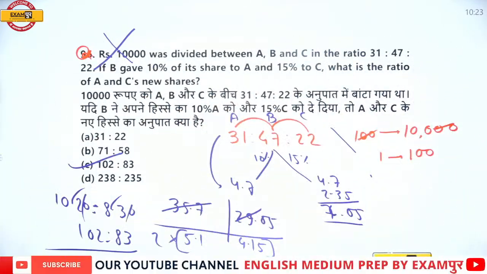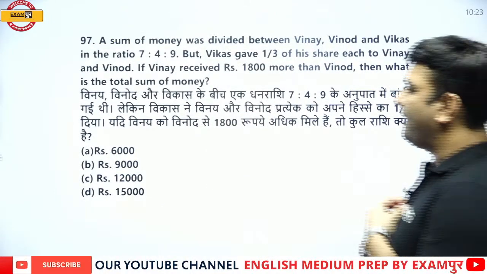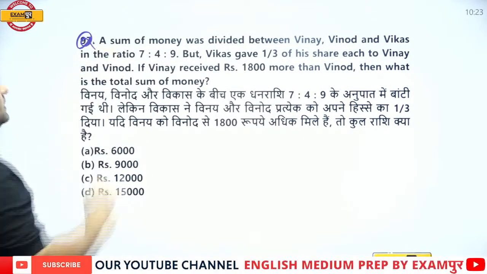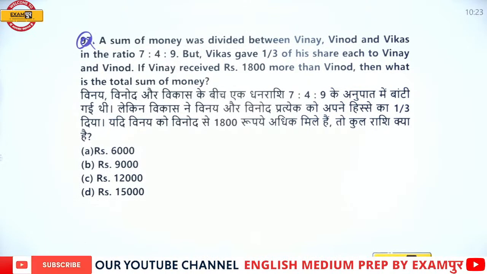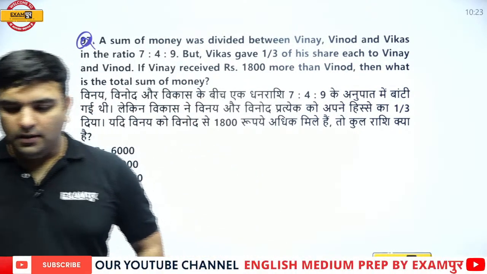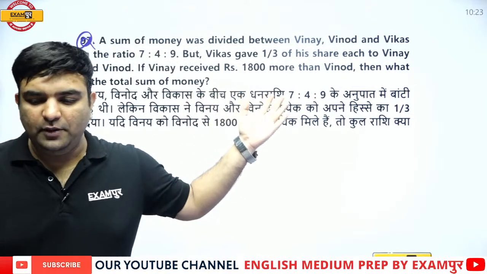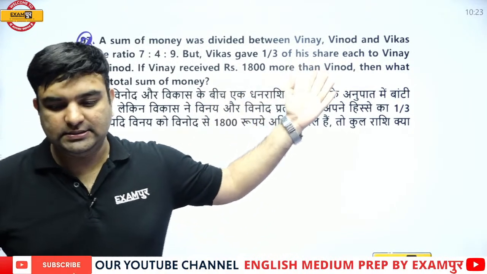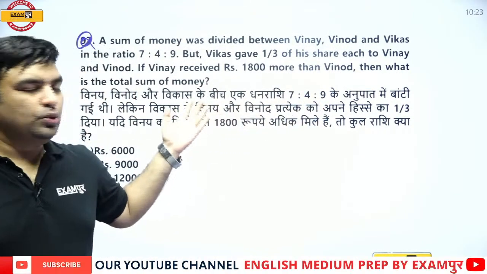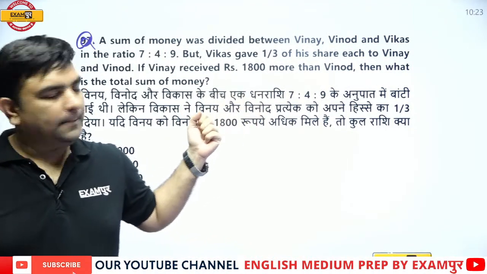So how is this divide and share running? A sum of money has to be divided between Vinay, Vinod and Vikas in the ratio 7:4:9.